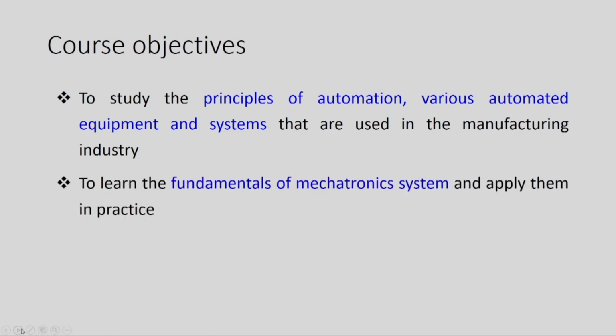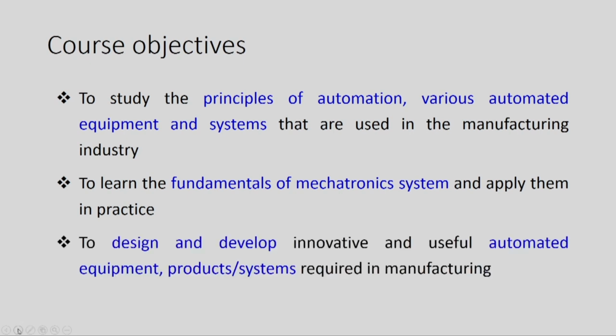In addition to that, we will be studying the fundamentals of mechatronic system and we will learn how to apply them in practice to develop automated systems. By applying the principle of mechatronics, it is envisaged that we will develop innovative and useful automated equipment, products and systems which are required in the manufacturing and in the society.